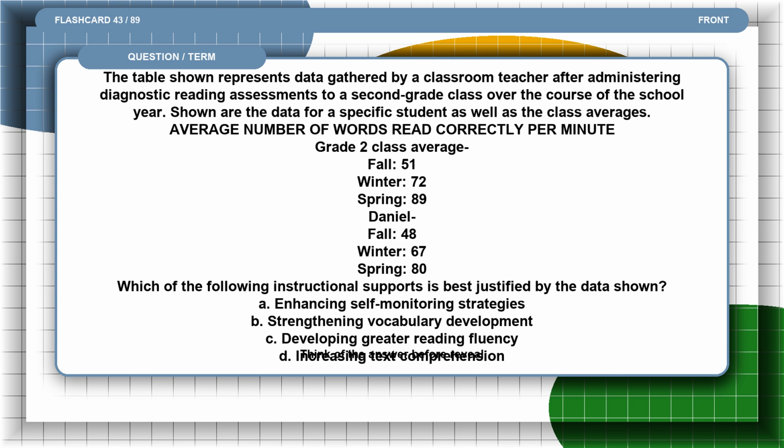Daniel: fall 48, winter 67, spring 80. Which of the following instructional supports is best justified by the data shown? A. Enhancing self-monitoring strategies. B. Strengthening vocabulary development. C. Developing greater reading fluency. D. Increasing text comprehension. Pause and think of the answer before the reveal.